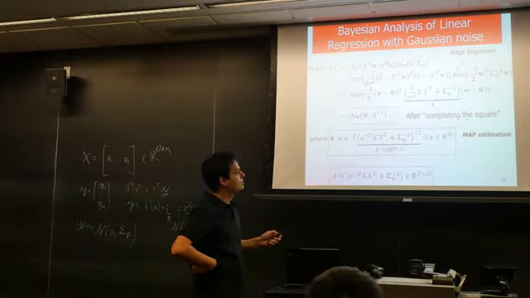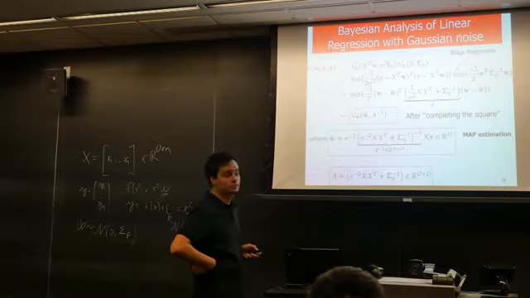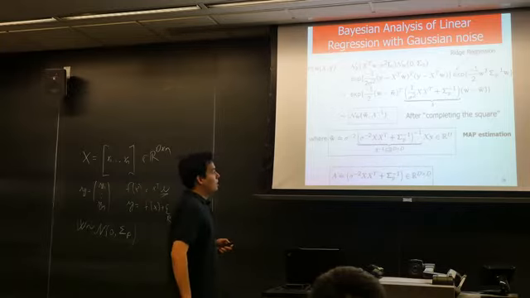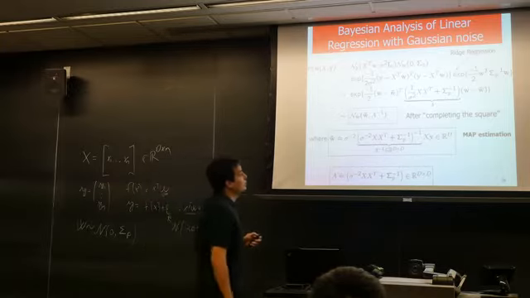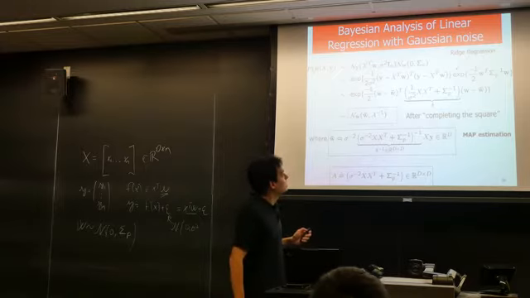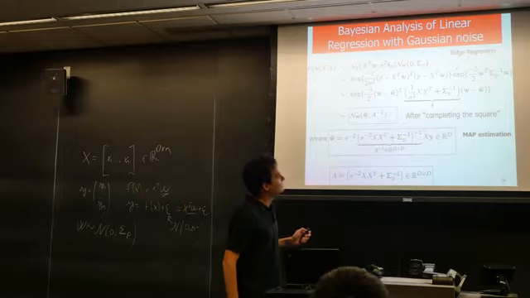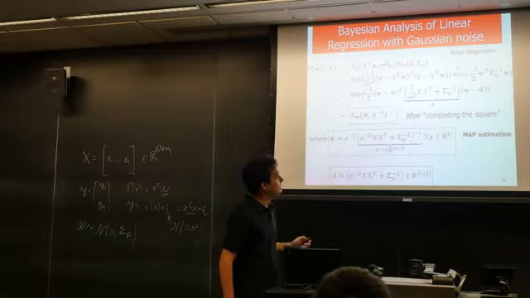The second Gaussian distribution is this. And now it turns out that you can rewrite this expression as this quadratic expression.